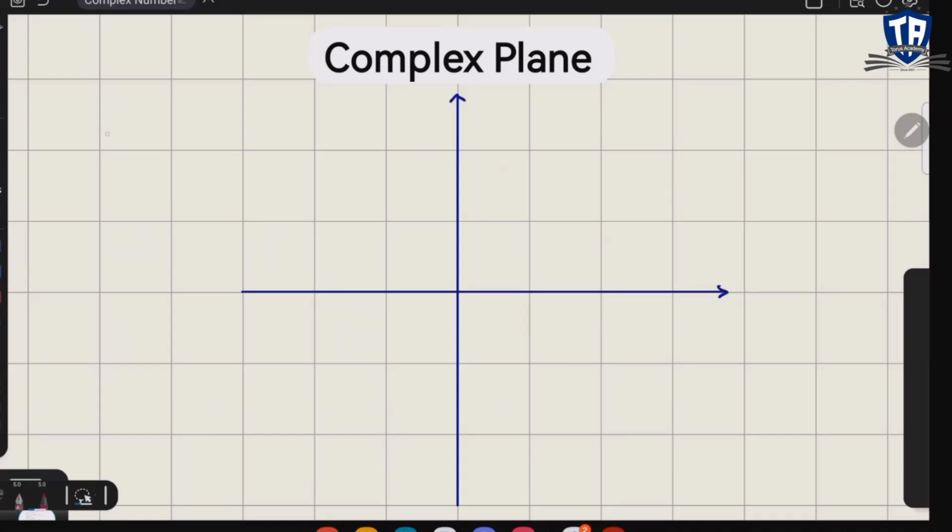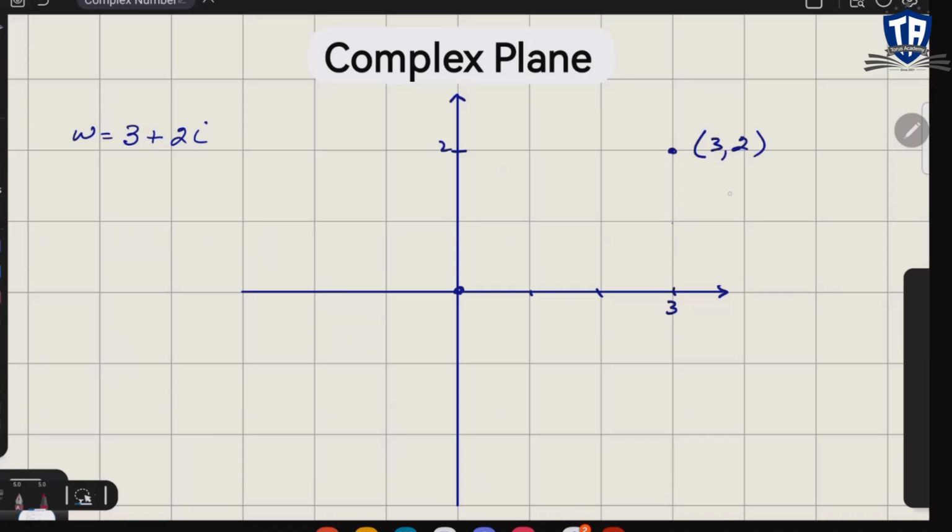If we consider a complex number, let us suppose it is 3 plus 2 iota, we can plot it by starting from the origin and going 3 units right on the x-axis, 1, 2, 3, and 2 units upward along the y-axis. So this is a point which can be written as 3 comma 2.